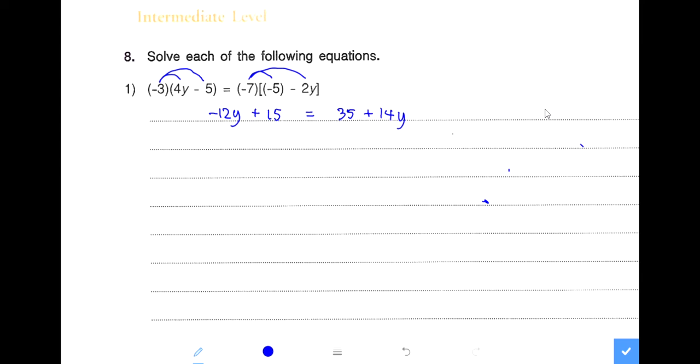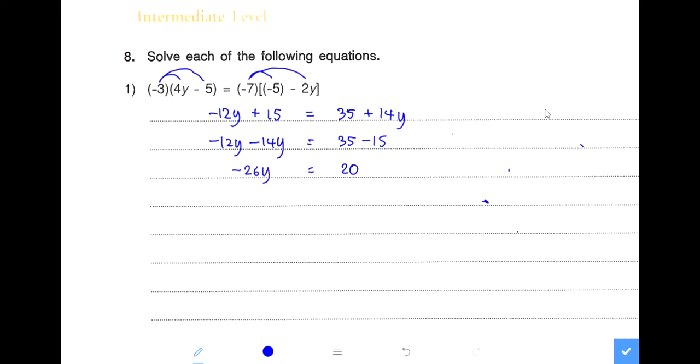Then you just do the normal math now. Negative 12y minus 14y, like this. Move this to the left. 35 plus 15 becomes minus 15 there. So 35 minus 15 is 20, and negative 12 minus 14 becomes a bigger negative 26.